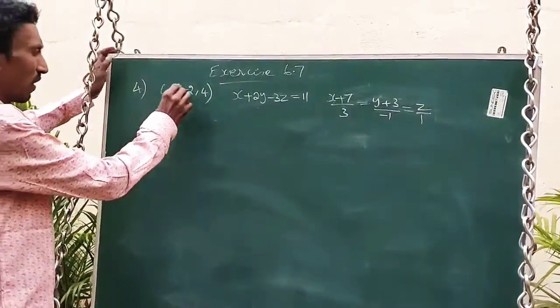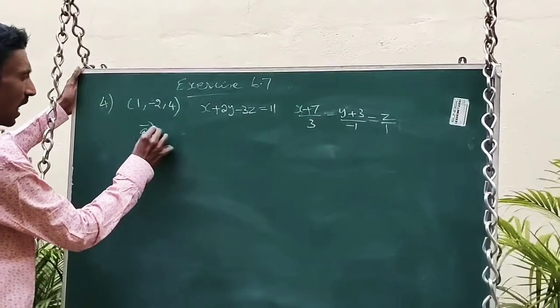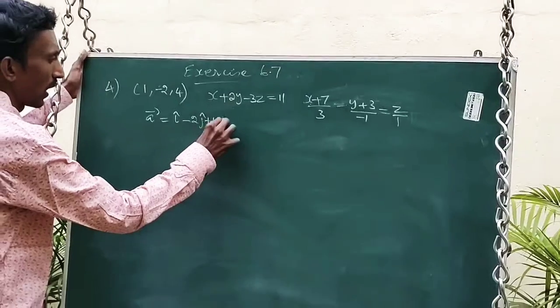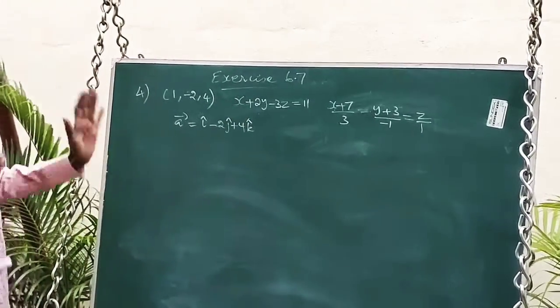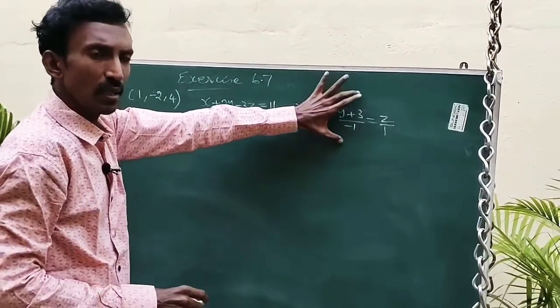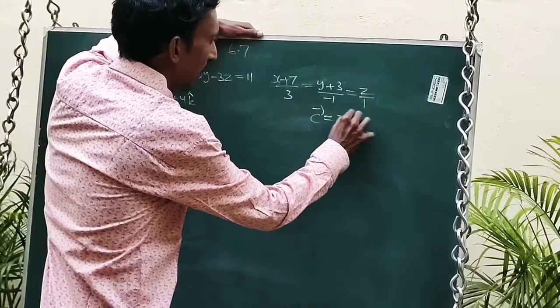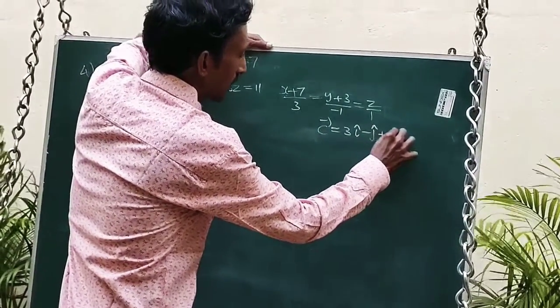So from the first one we can get a vector equal to i minus 2j plus 4k. It is the position vector of the point. Okay, the third is the line parallel, so we can get the c vector as 3i minus j plus k.